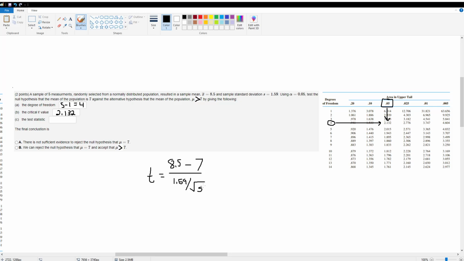This is going to give our resulting test statistic, despite the solid deviation, of about 2.109. And so in this case, we are not going to be able to reject our null hypothesis.